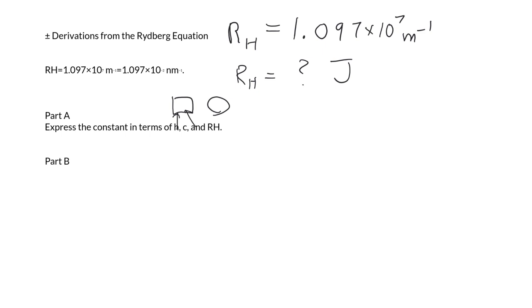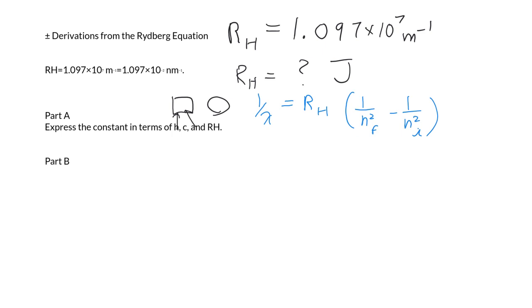What facts do we already know? We already know that the inverse of wavelength equals RH times 1 over n squared final minus 1 over n squared initial.